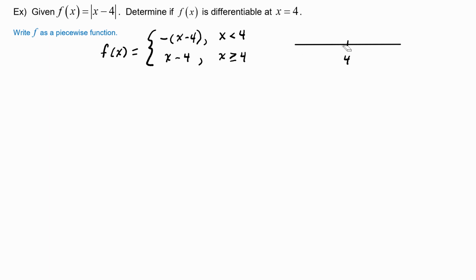When we approach 4 from the left, we are using this piece of the function, negative (x minus 4). And when we are approaching 4 from the right, we are using this piece of the function, x minus 4.